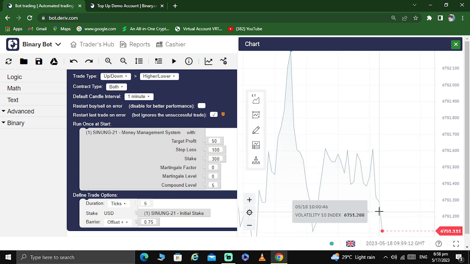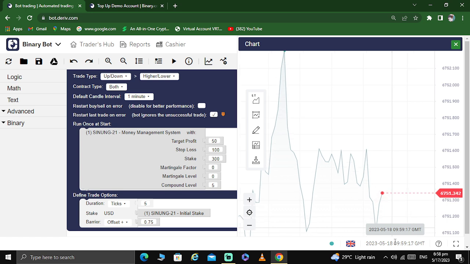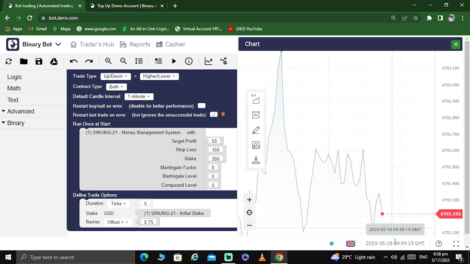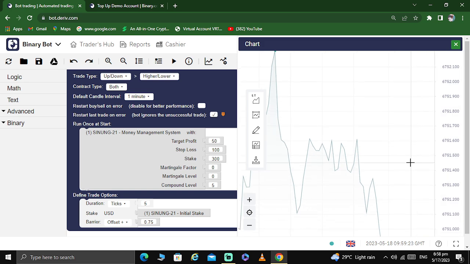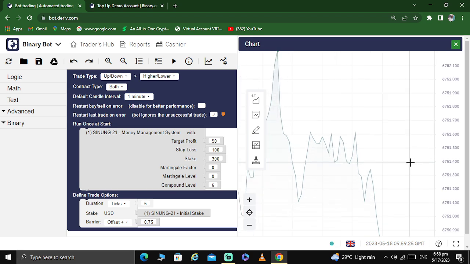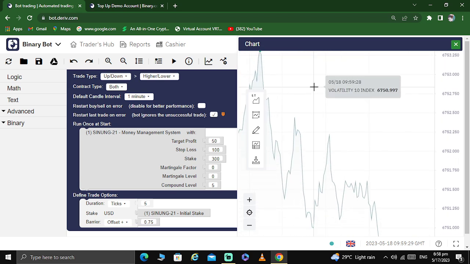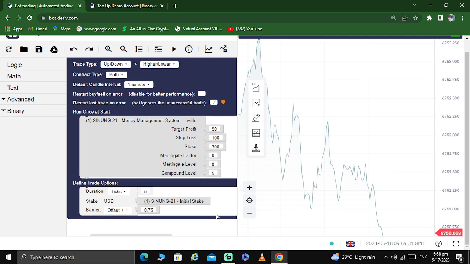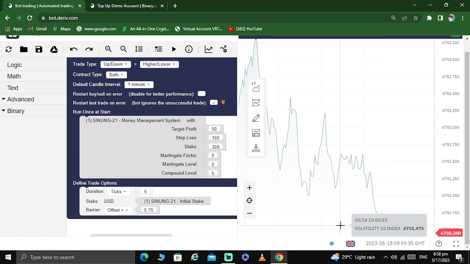When it moves down with the high tick, I'll pause the bot. But when it moves with a low tick, I'll still continue trading with the bot, because the low tick will not have that much of an impact.